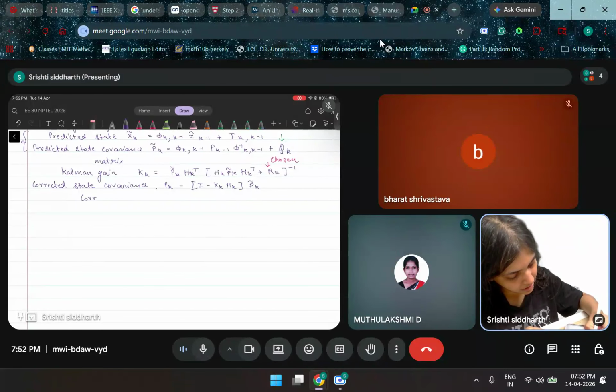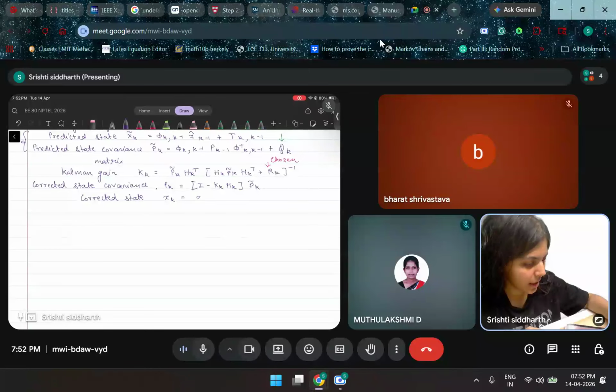And the corrected state xk is x tilde k plus the Kalman gain K times the error between the measurement y and Hk x tilde k.